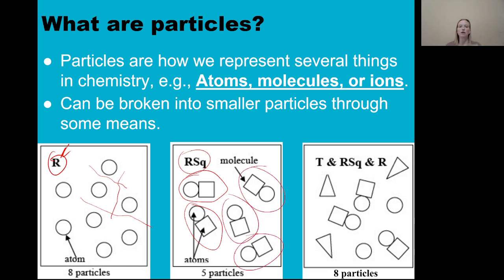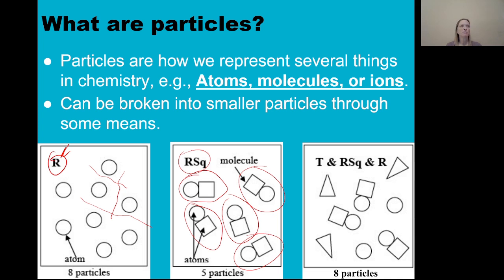Again, each one separated by white space, but the particles here are molecules, where they're actually 2 atoms joined together. And this particular model is pretty detailed because I'm showing you that each molecule has 2 atoms inside of it.